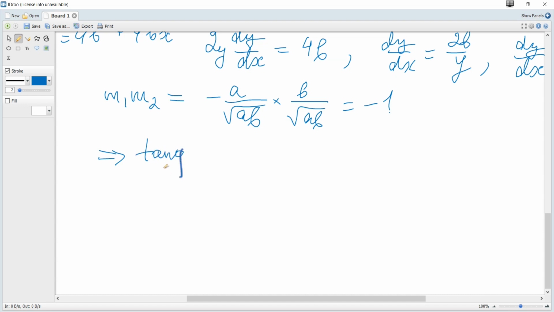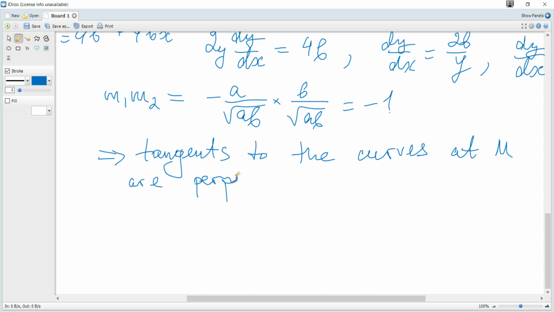Tangents to the curves at M are perpendicular.